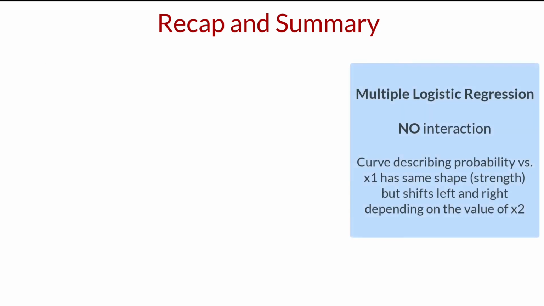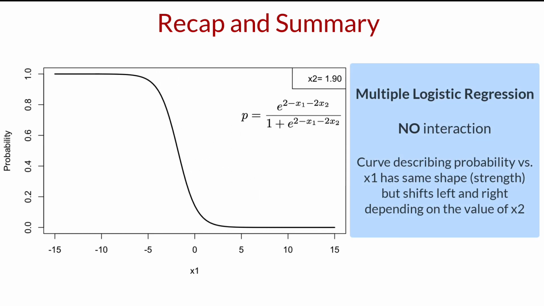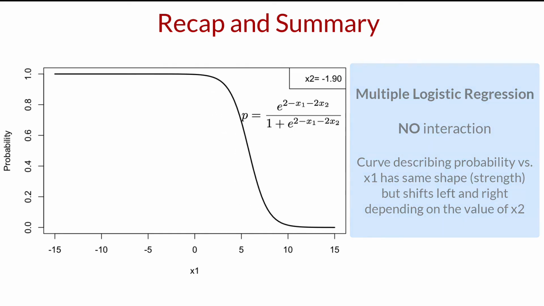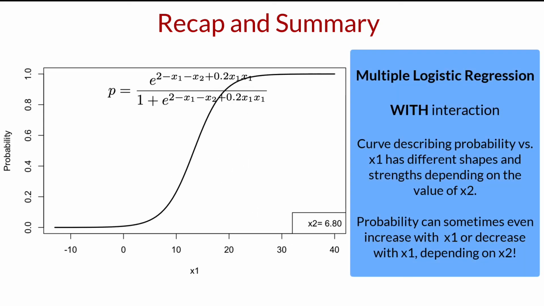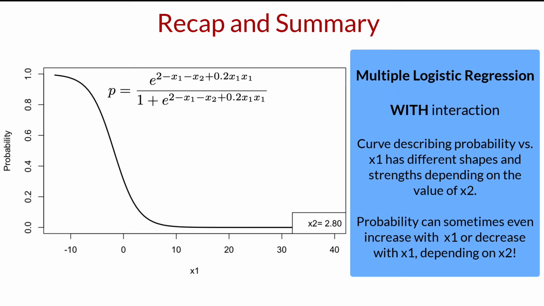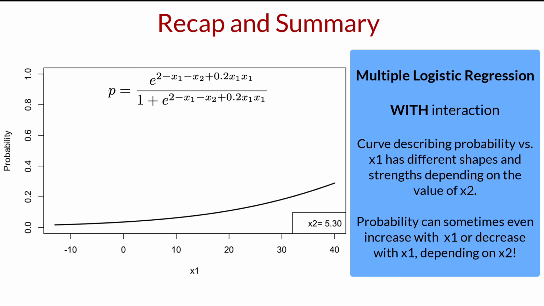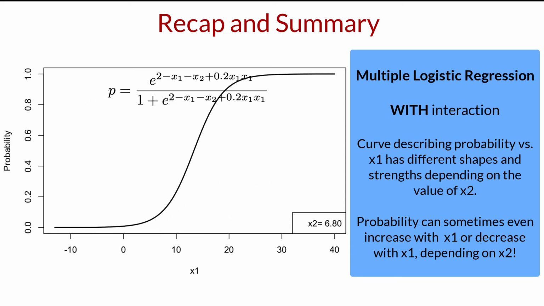Now, in a multiple logistic regression, when two numeric predictors don't interact, the curve describing the relationship between the probability of our event and x1 always is going to have the same S shape. It just shifts left and right depending on the value of x2. But when they do interact, the curve describing the relationship between y and x1 can have really different shapes depending on what x2 is.